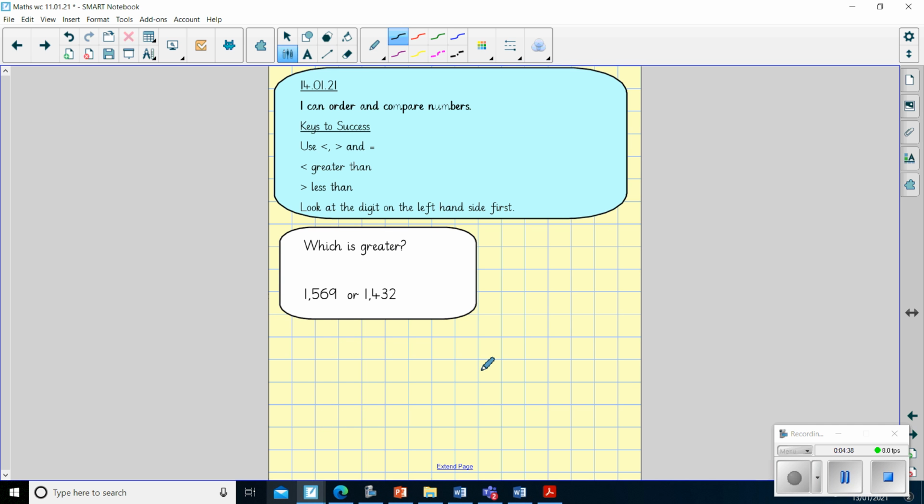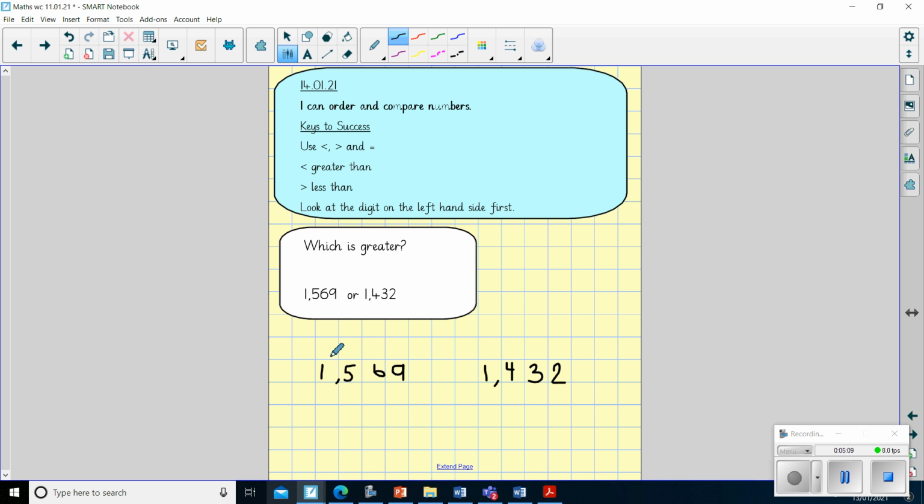So this time I'm working out whether 1,569 is greater than 1,432. So I'm going to start off by just writing down the numbers that I'm working with. 1,569 and 1,432. The first thing I've got to do is look at my left-hand digit.